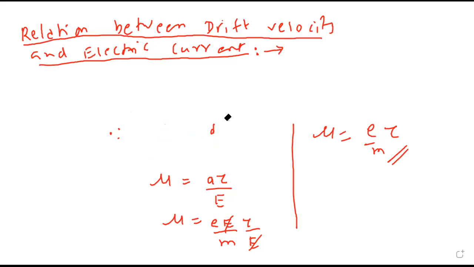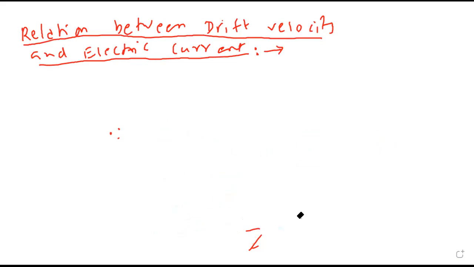Current means rate of flow of charge, and drift velocity is the average velocity by which electrons are drifted out.